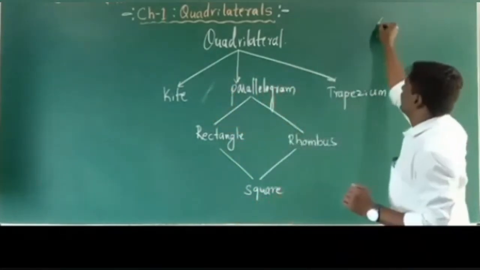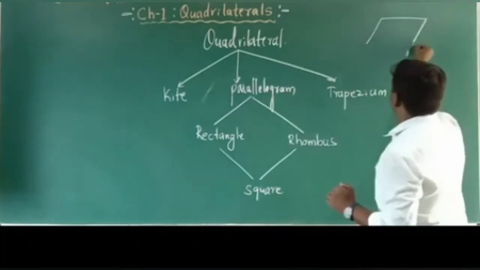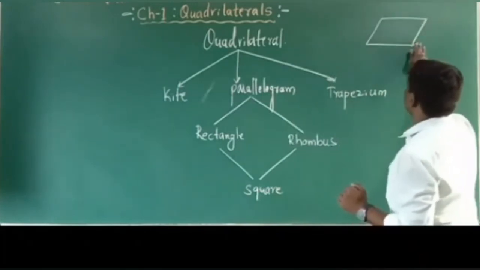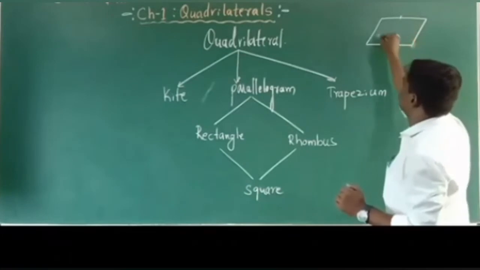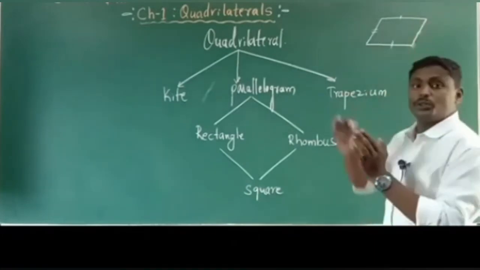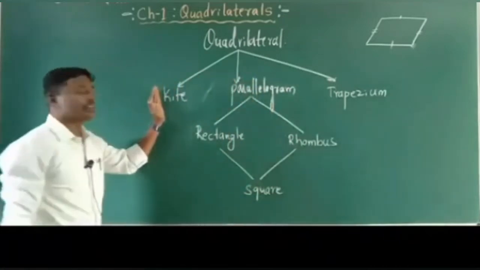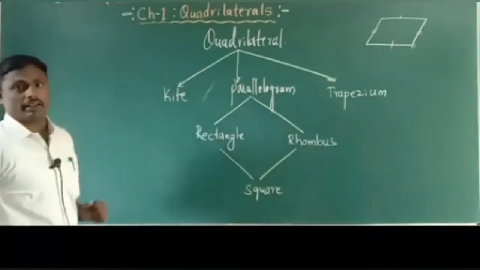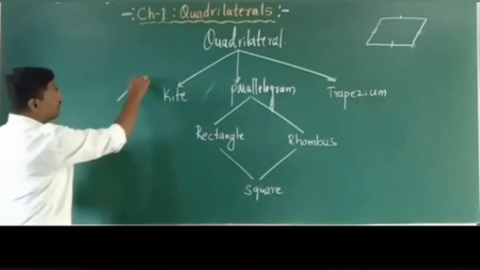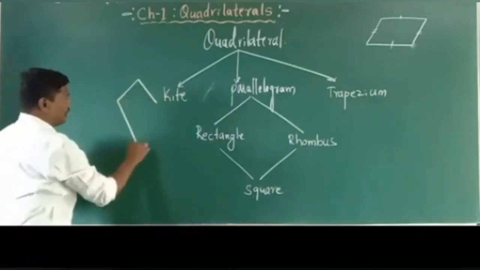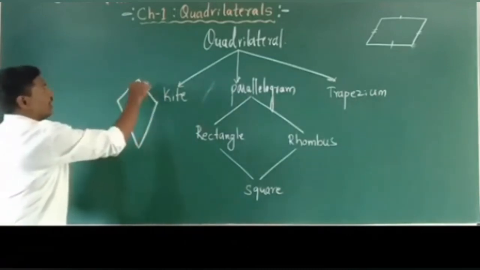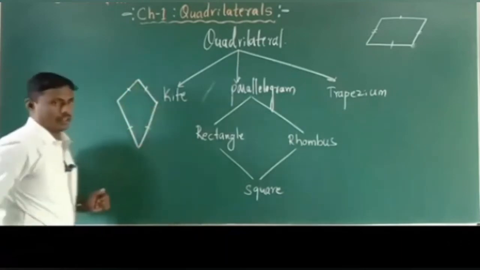For example, this is the parallelogram in which the opposite sides are equal and parallel to each other, right? Next, the second one, that is kite. In the kite, adjacent sides are equal.